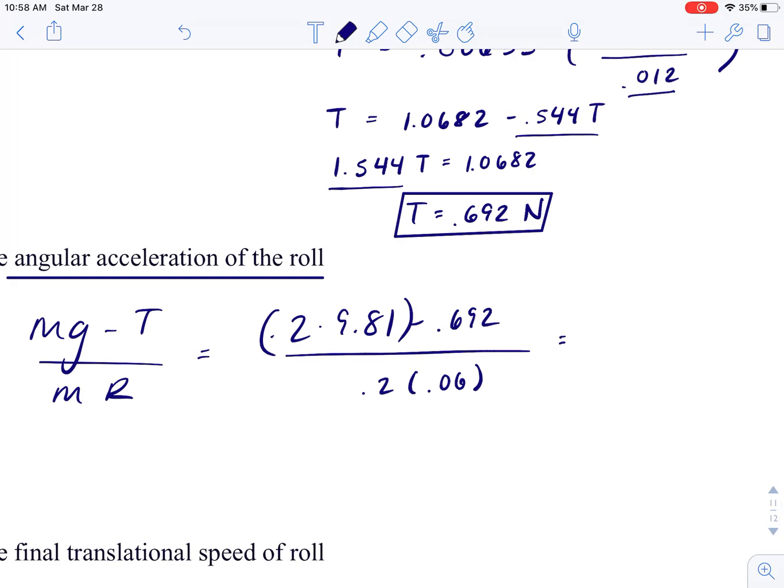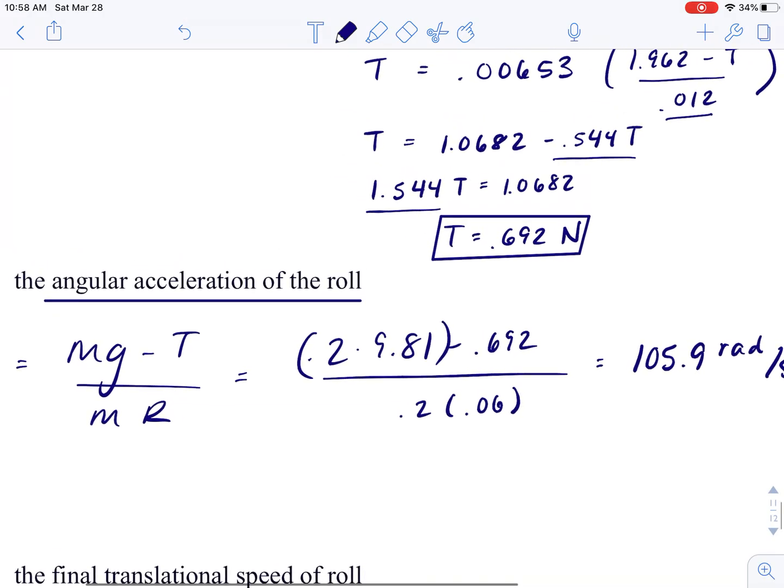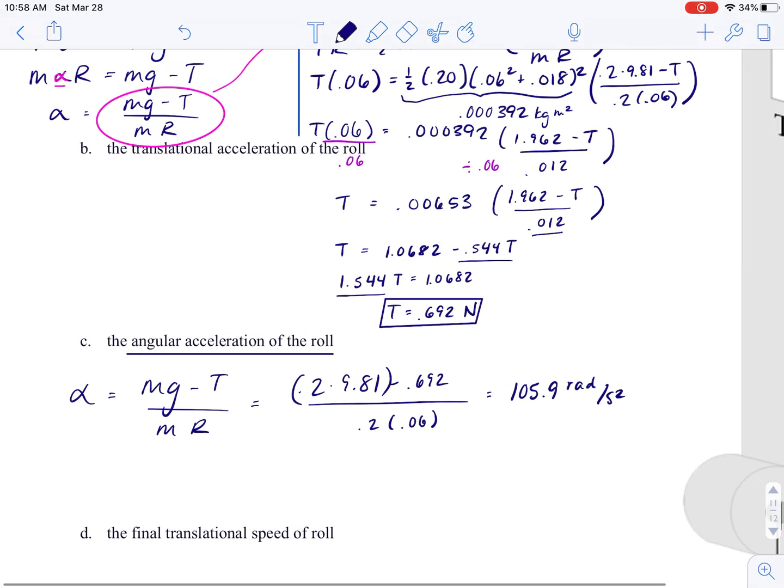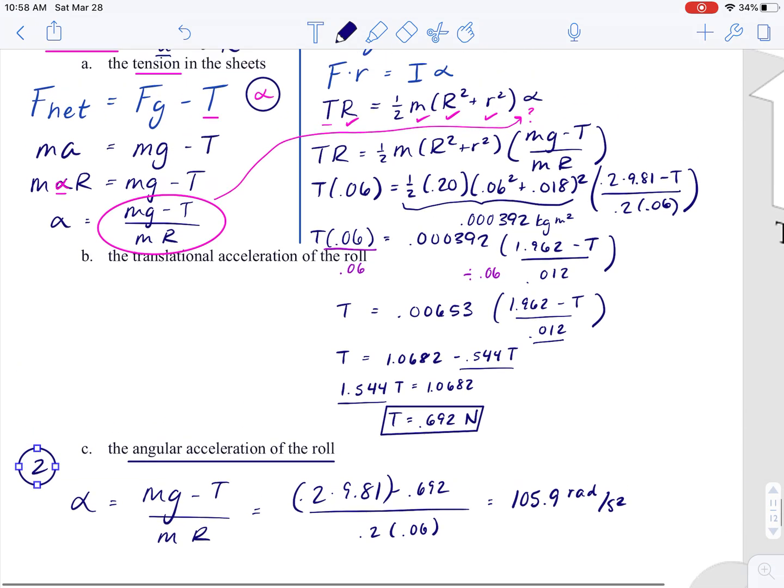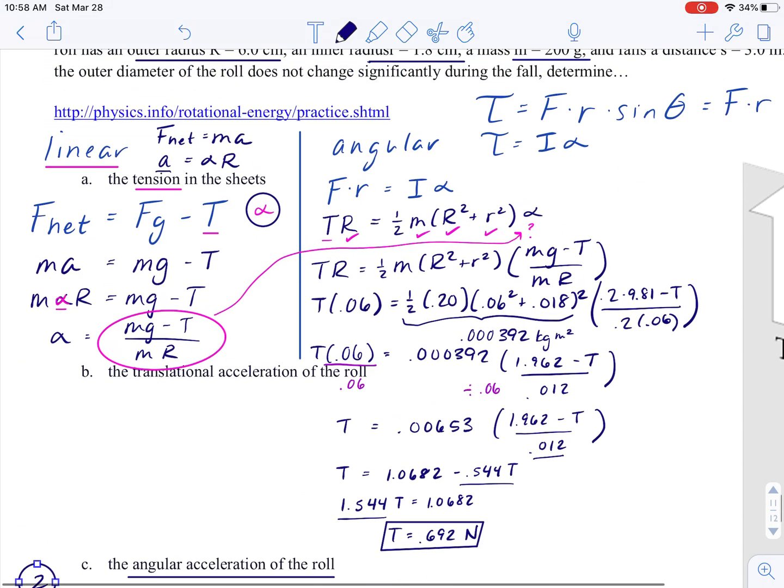And when I solve that, I get 105.9 radians per second squared. Once I have that, it's easier to go back to, so I'll just put a little 2 here to remind myself I did that first. Or I did that second. I did this first. Oops.